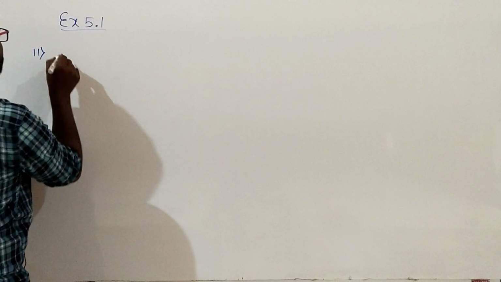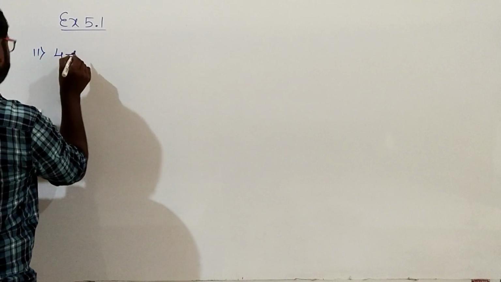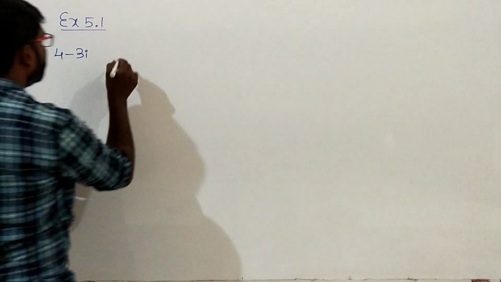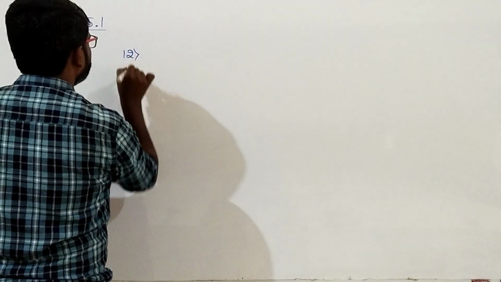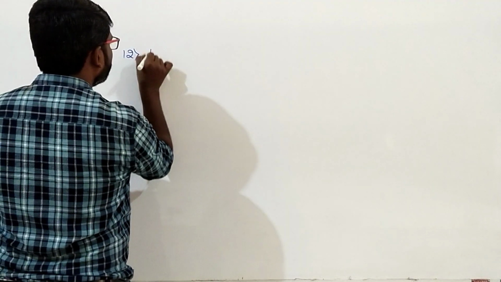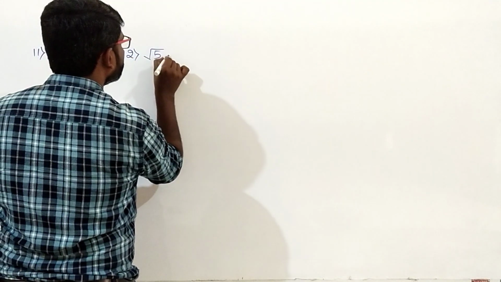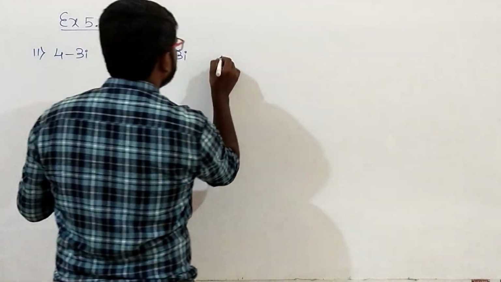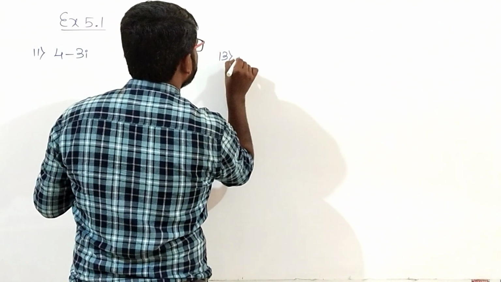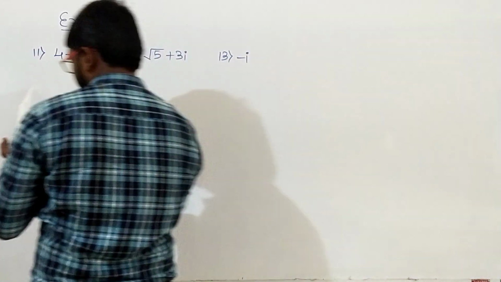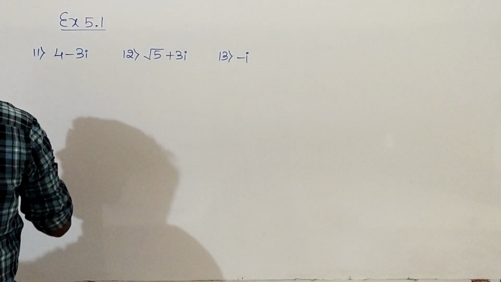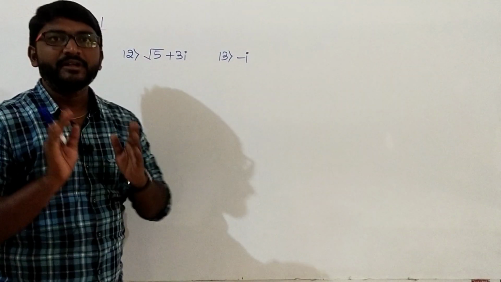The 11th one is 4 minus 3i, then the 12th one is root 5 plus 3i, and then the 13th one is minus i. For these three cases, we will have to find the multiplicative inverse.